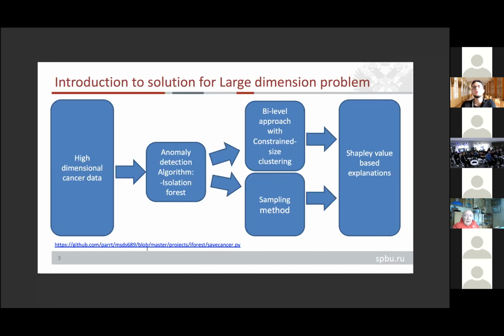When we apply anomaly detection to cancer data, it means that we want to find who, with the highest probability, has cancer. So we study data about several hospital clients, and we have a wide range of information about them.